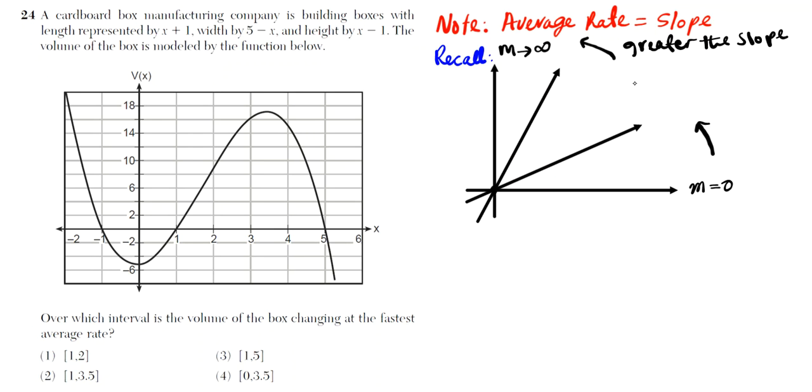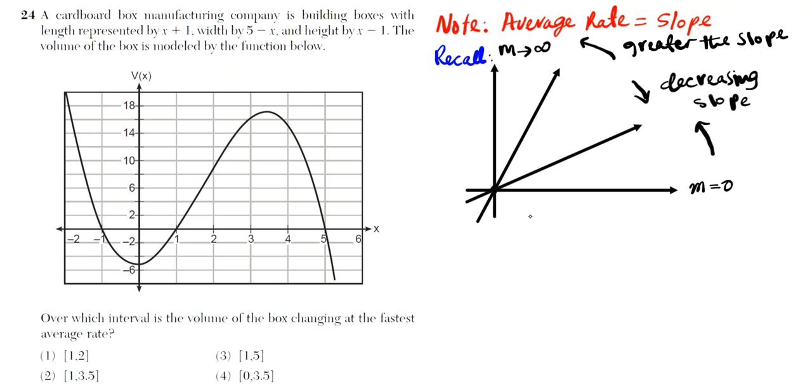But when you're going from vertical to horizontal in the clockwise direction, you have a scenario where your slope is decreasing. So you have a decreasing slope. Okay? So the steeper a line is, the greater the slope, increasing from left to right. The less steep a line is, the smaller the slope.